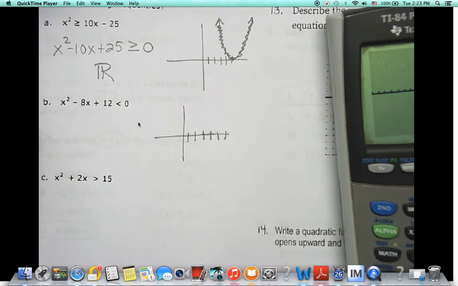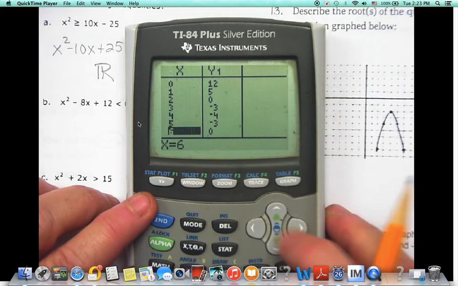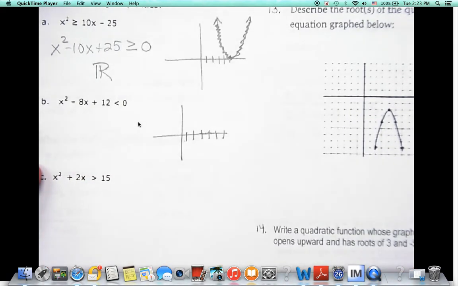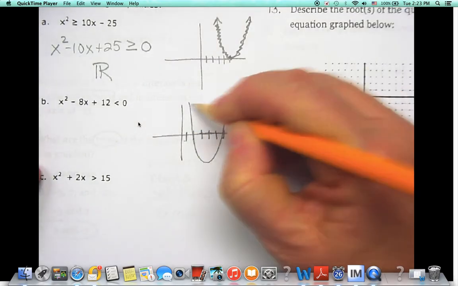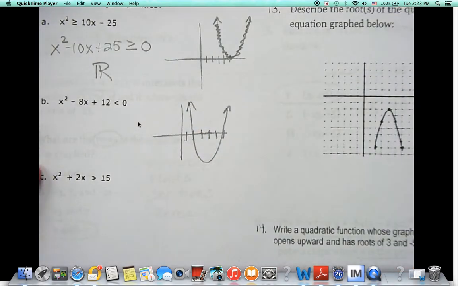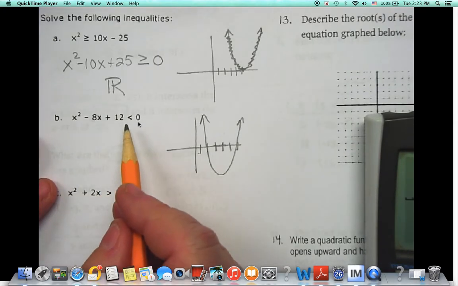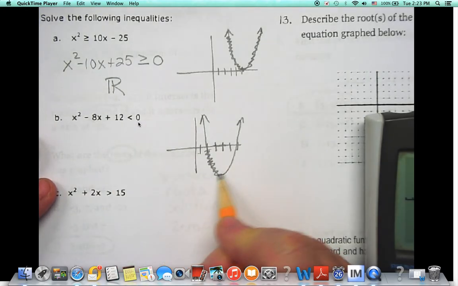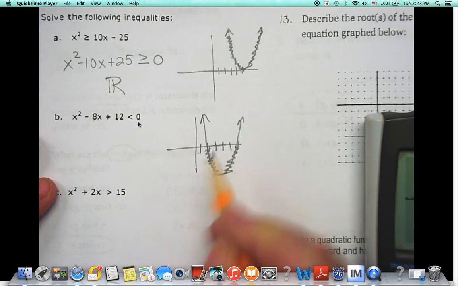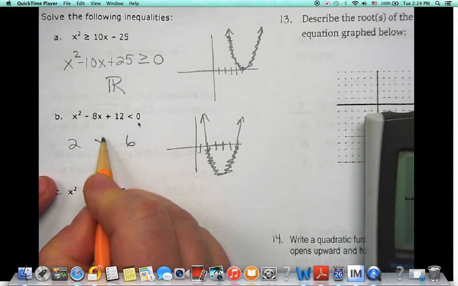Anybody already look at the table? 2 is a 0. 6 is a 0. Okay, what part of the graph is less than 0? The bottom part. So between 2 and 6. So x is between 2 and 6.